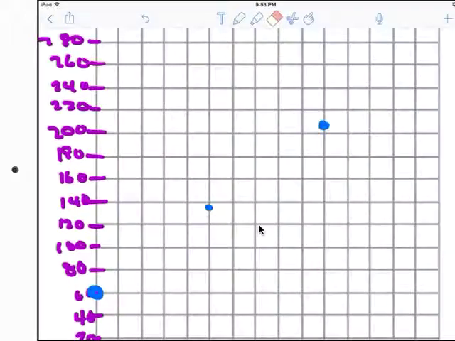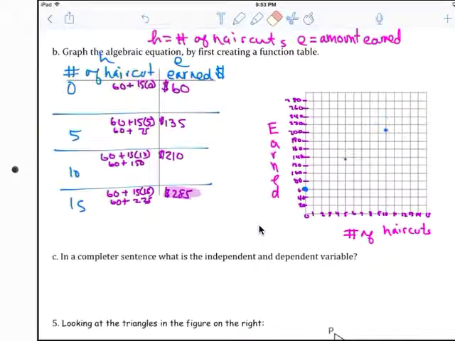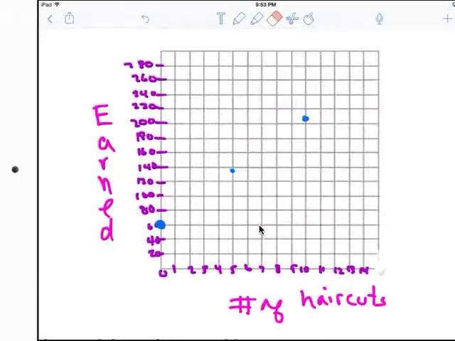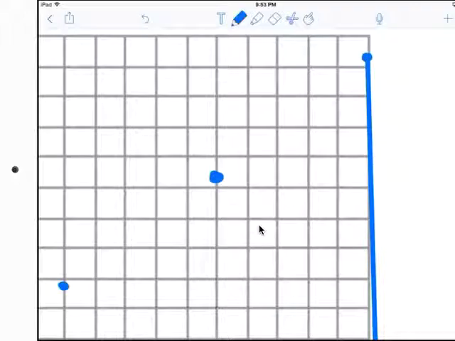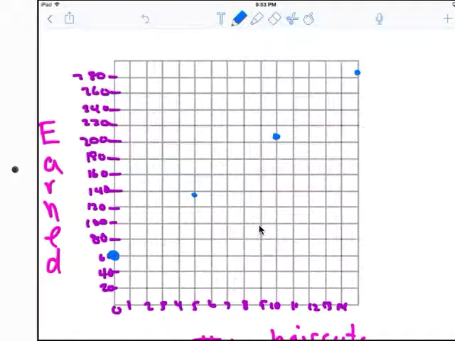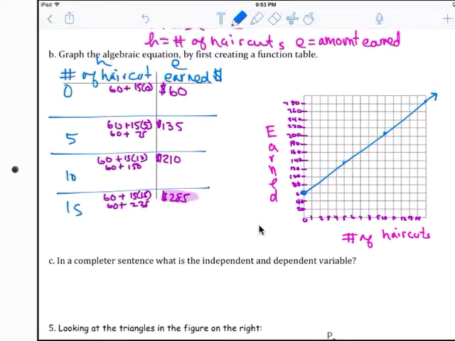Estimate, guys. Estimate. And 15 is 285. So about right there. And then connect your beautiful line. Draw arrows at the end because it can continue forever.